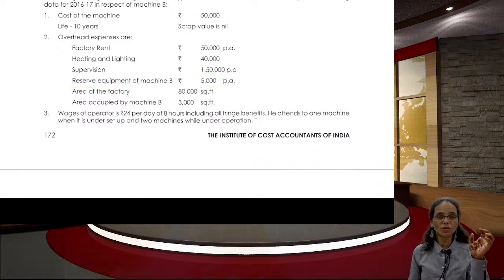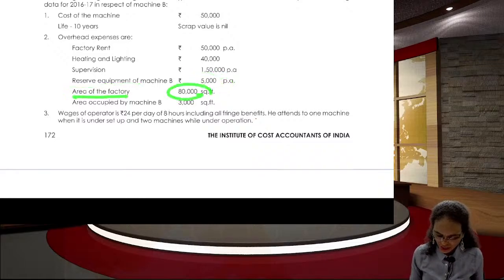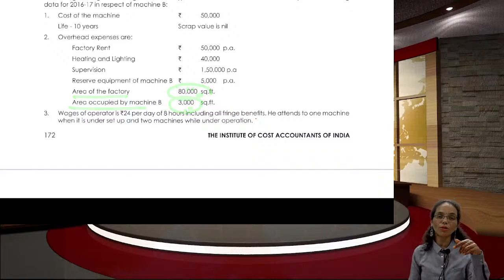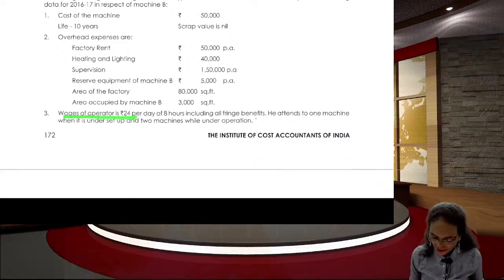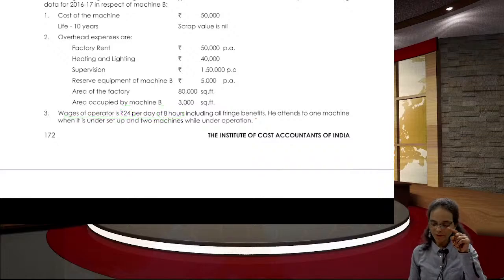So this expenditure should be charged to only this particular machine. Area of the factory is this much and area occupied by machine B is this much. So in this ratio you need to allocate the rent. Wages of the operator is 24 rupees per day of 8 hours, including all fringe benefits.